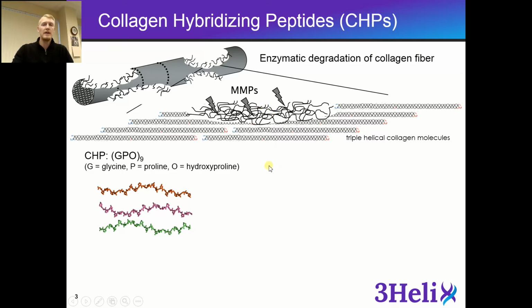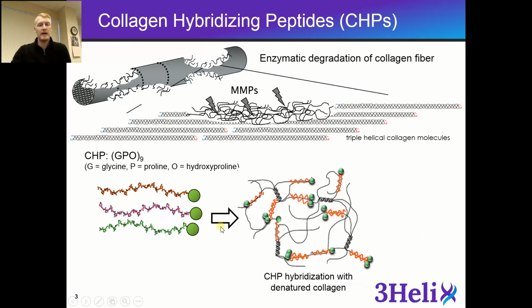So what we did is we designed the CHP, and we were able to apply fluorescent tags or biotin onto it. With this CHP now labeled, we can stain collagen, and it will readily form these triple helices with regions where there's single-stranded collagens.